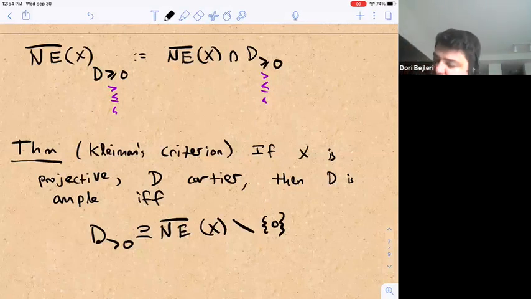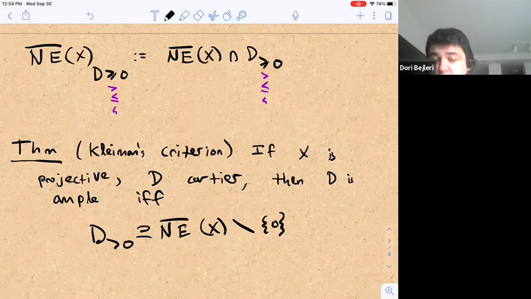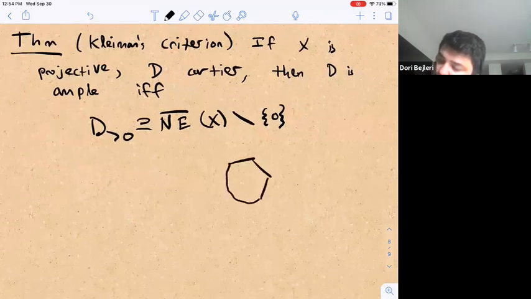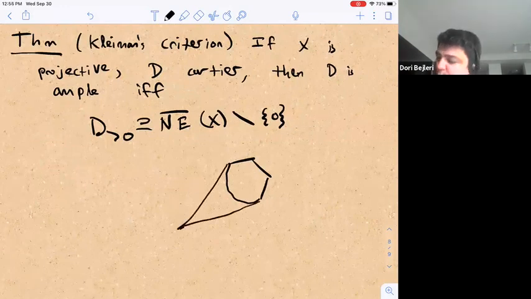So let's draw a picture and then write down a corollary from this picture. So we have our cone of curves, which we saw a bunch of examples earlier. It could be quite complicated, but it's some kind of cone like this.